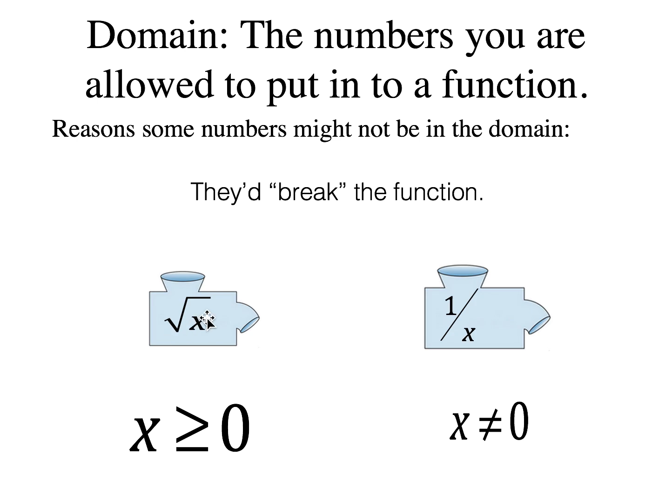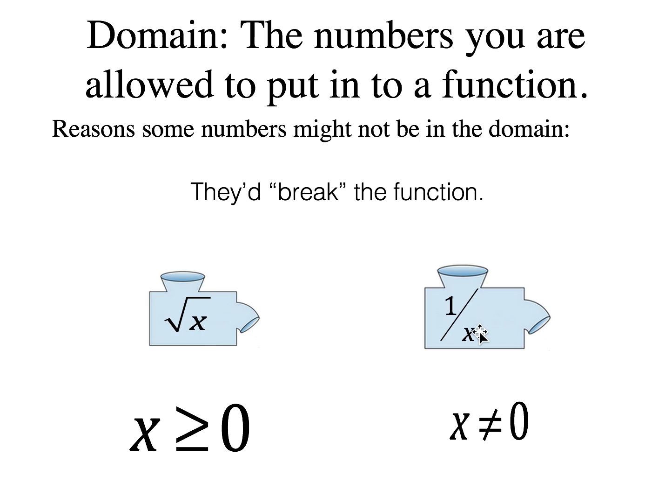For example, if our function asks us to take the square root of a number and we plug in negative numbers there, you can't take the square root of a negative number. So in this case, our domain, the numbers we're allowed to plug in for x, are all numbers greater than or equal to 0. We can plug 0 into this function, and we can plug positive numbers into this function, but we can't plug negative numbers in.